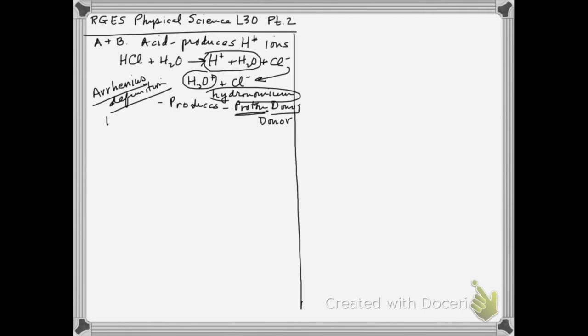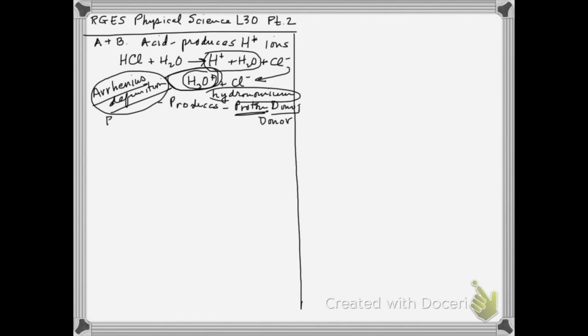Actually, let me clarify that. The Arrhenius definition says that it's producing H plus ions, and therefore it makes hydroniums. Okay, that's what the Arrhenius definition was.